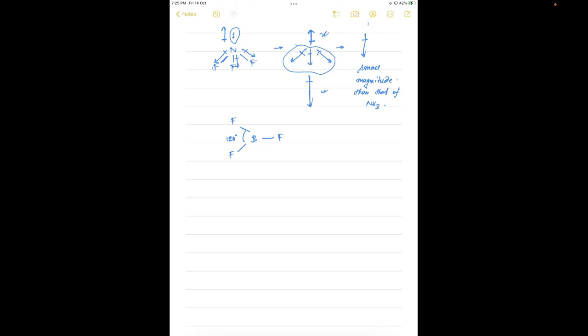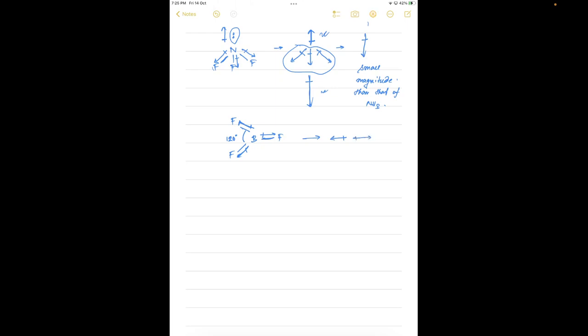Fluorine is also more electronegative than the boron atom, so the dipole vector will look like this, and for this bond it will look like this, and for this bond it will look like this. So for just these two bonds, the resultant will look like this, and the dipole vector corresponding to this BF bond is this.